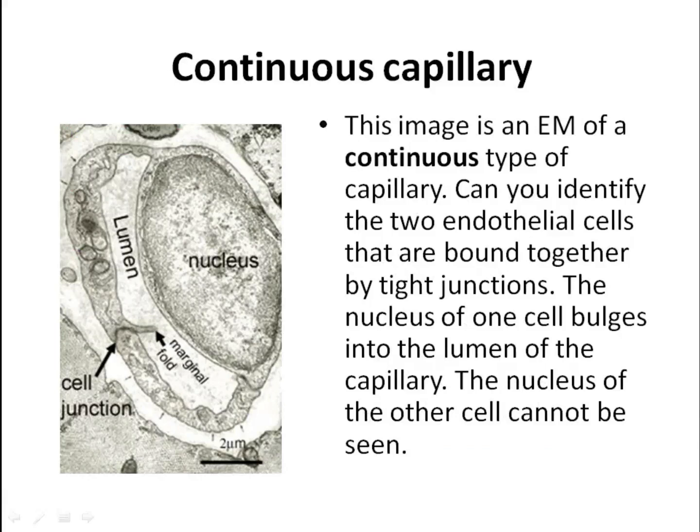Now in this electron micrograph of a continuous capillary, you can see what we understood from the previous diagrammatic figure of the continuous capillary. We can verify whether it is real. Here is a large nucleus of an endothelial cell, and one arm of that cell, and this another arm of a cell, or that could be another endothelial cell portion.